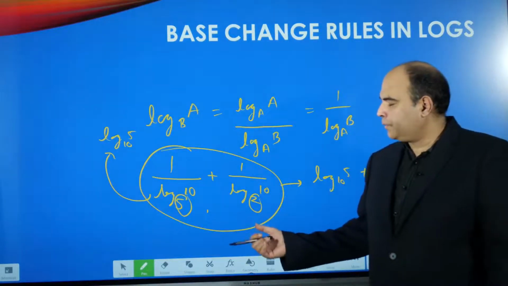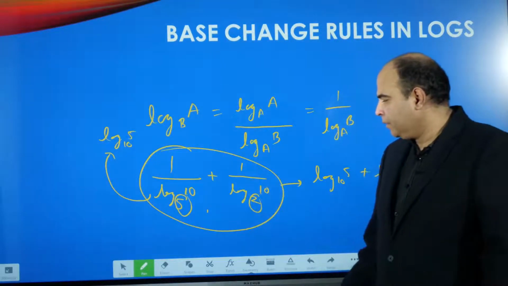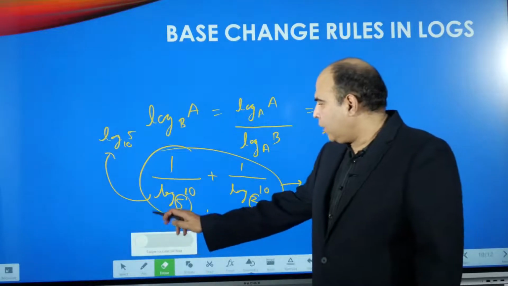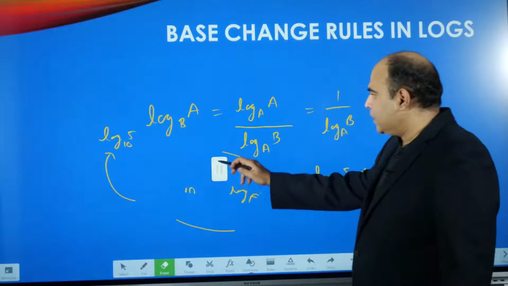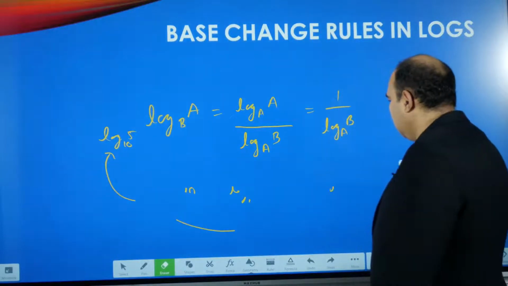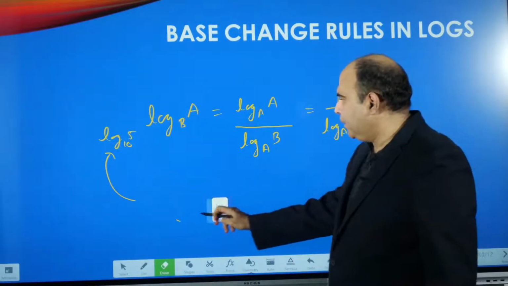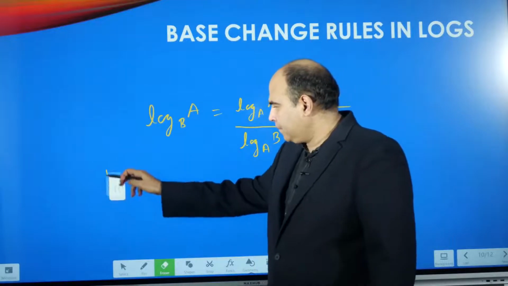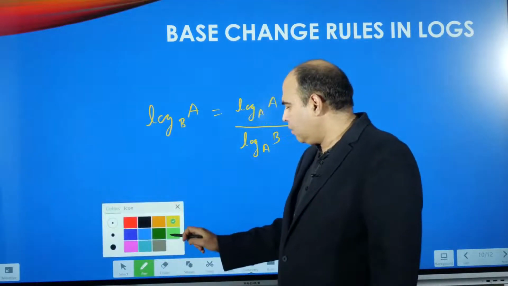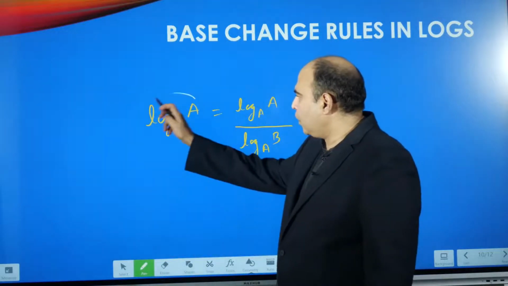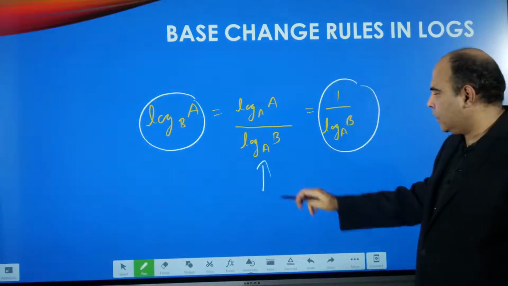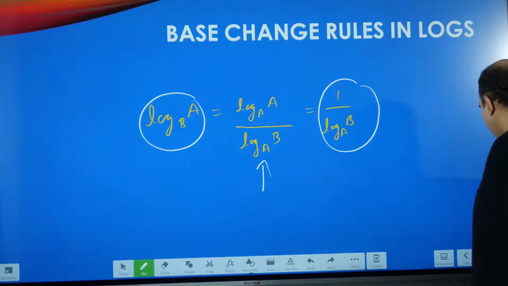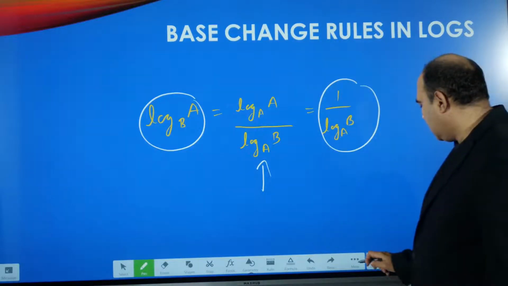This was using the third base change rule, which is a corollary of the second one, which allows you to write log a to the base b as 1 upon log b to the base a. This is the rule, and this is the logic that allows that to happen. Okay, so that's about it.